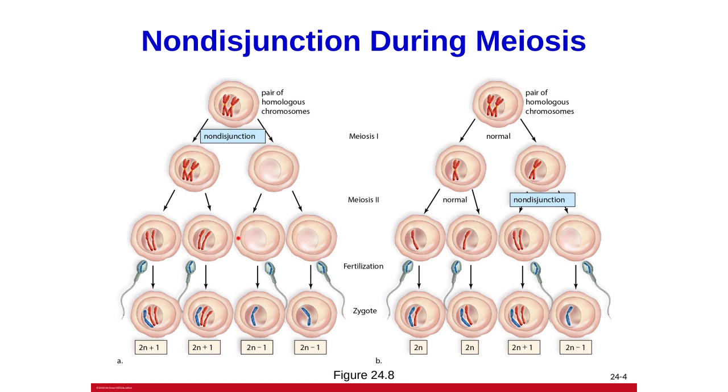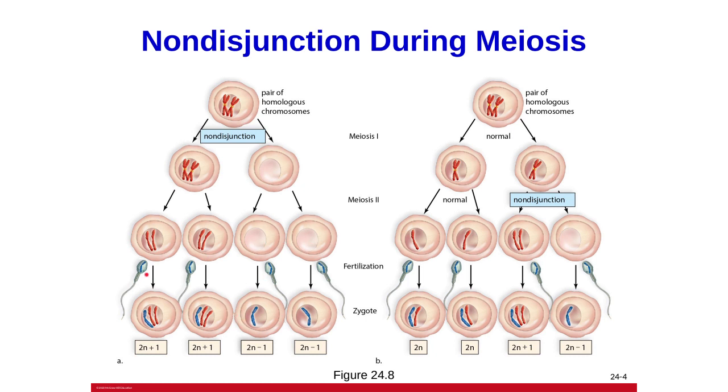Normally in meiosis 2, the sister chromatids would separate, so presumably that's what's happened here. But because we started with 2 chromosomes, you have 2 chromosomes here and 2 chromosomes here. Over here, we are completely missing this particular chromosome.